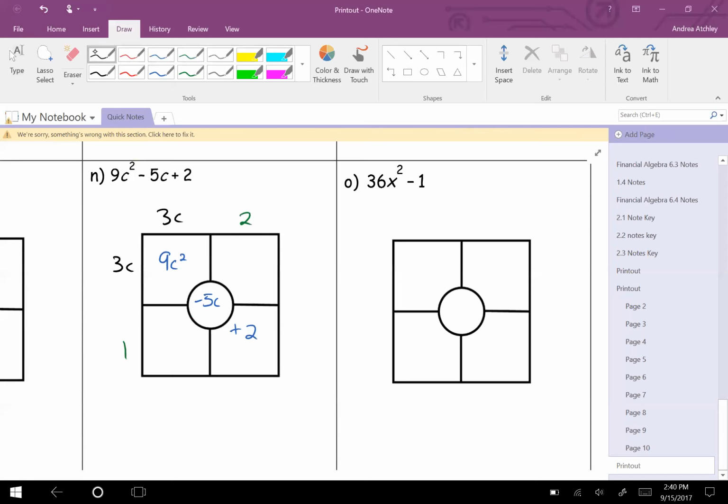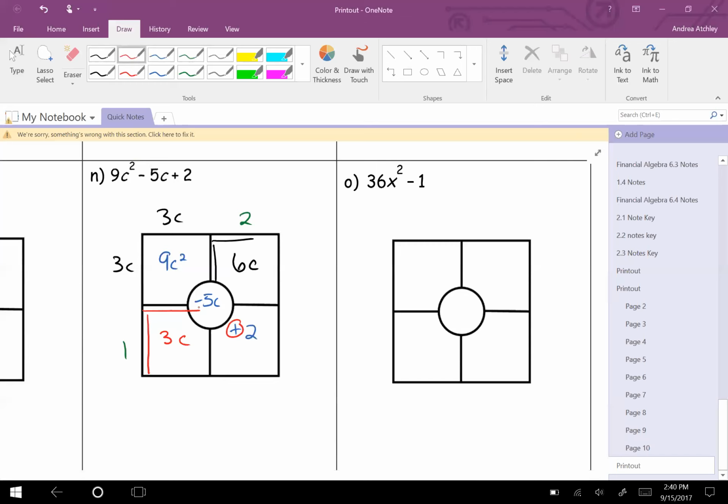Okay, we guessed, now we're checking. 2 times 3 is 6c, and 3 times 1 is 3c. If I add them, if I add 3 and 6, do I get 5? No.